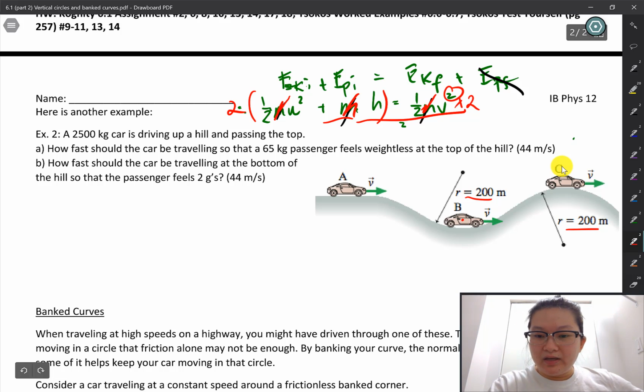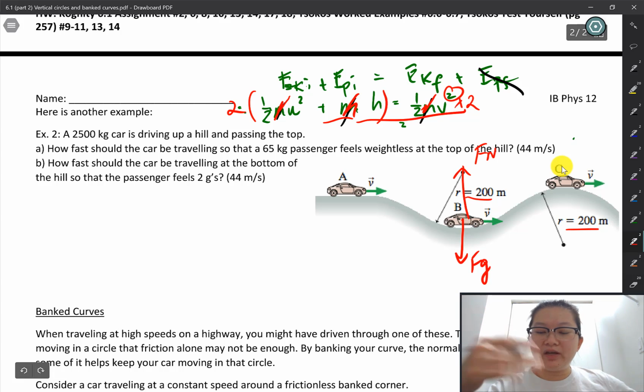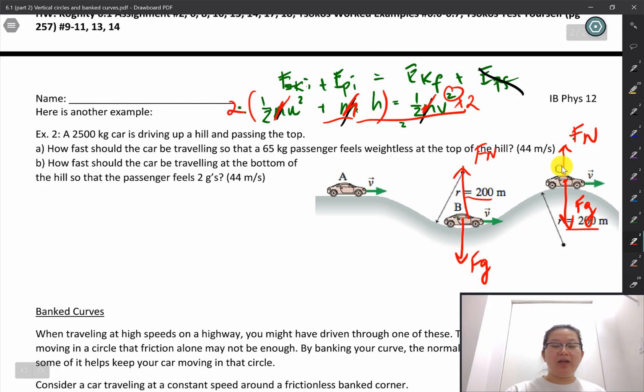So this car at B is going to first of all feel the effects of gravity, so Fg. He's also going to experience Fn due to being on top of the ground. For position C, he's also going to feel Fg because it's always pointing that direction. And of course, there's going to be some amount of Fn. How much Fn there is for both cases, we don't know.